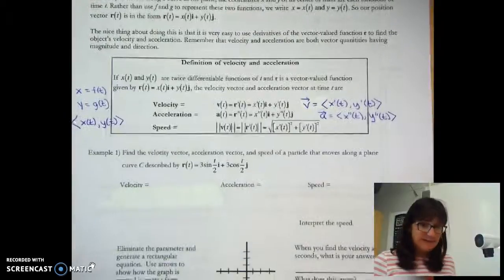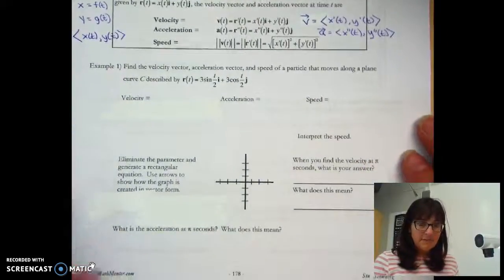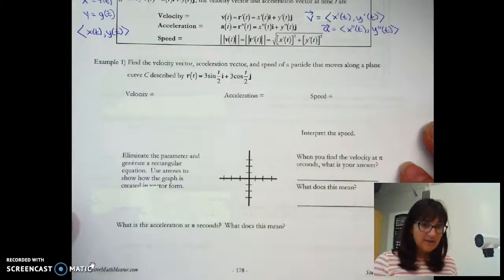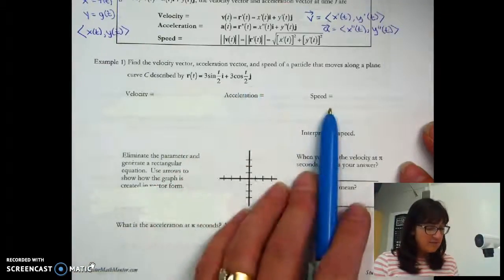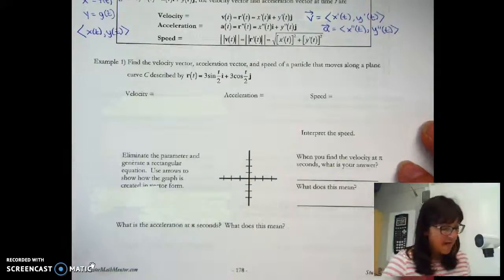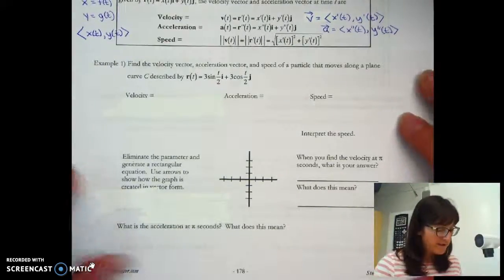All right, let's come down and look at example number 1. So example number 1 is going to help us to understand how we can find the velocity and acceleration vectors for a vector valued function and its speed, and we'll also start to connect how we can represent those when we graph our function in the coordinate plane.